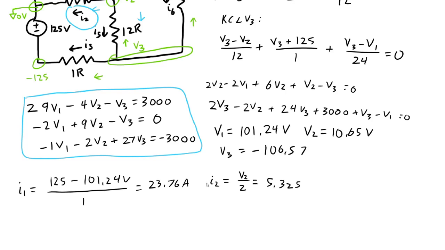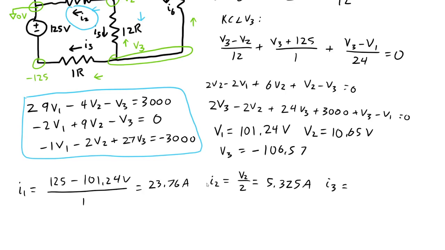Yeah, 5.3. Let me just double check because sometimes I'm wrong. Yeah, I had it right. Amps, and then I3 is V3 minus 125, so plus 25.